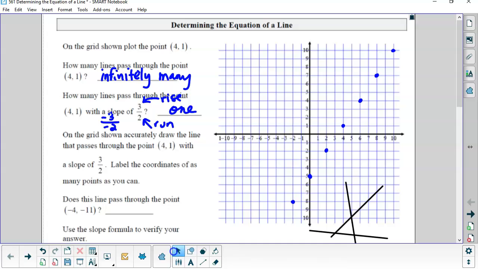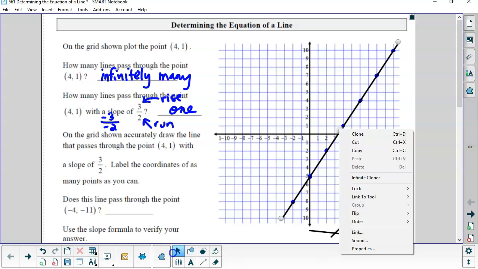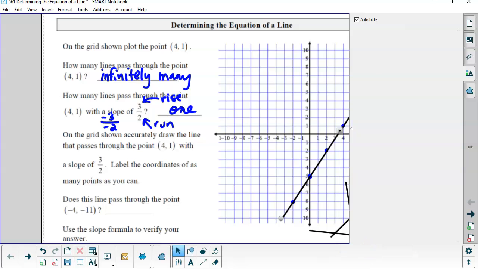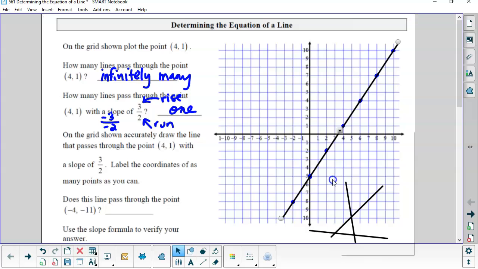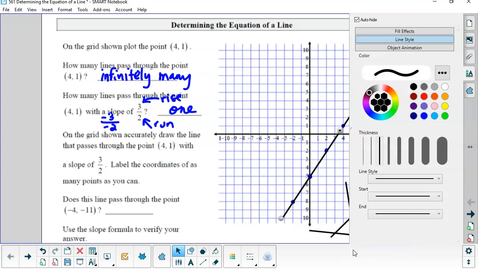And so now I'm going to draw a line through that. Use a straight edge. I'm just going to fix it up here. I'm going to put arrows on the end because this line goes on forever. There we go.